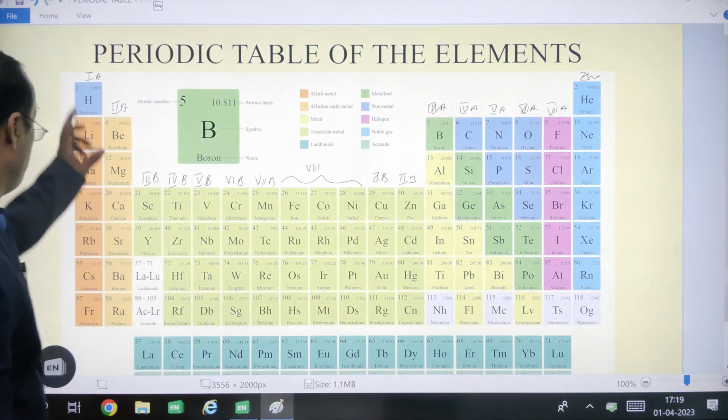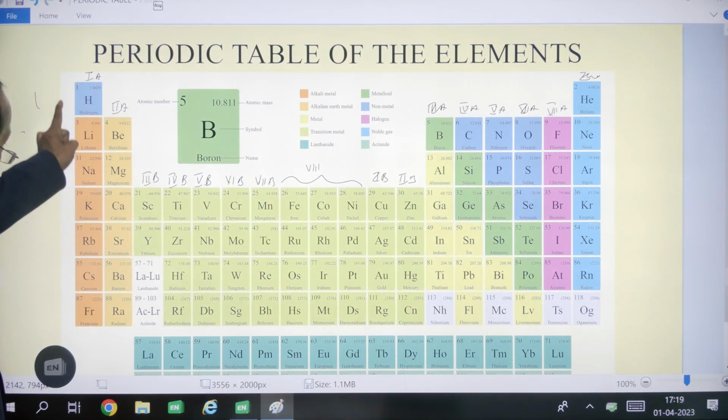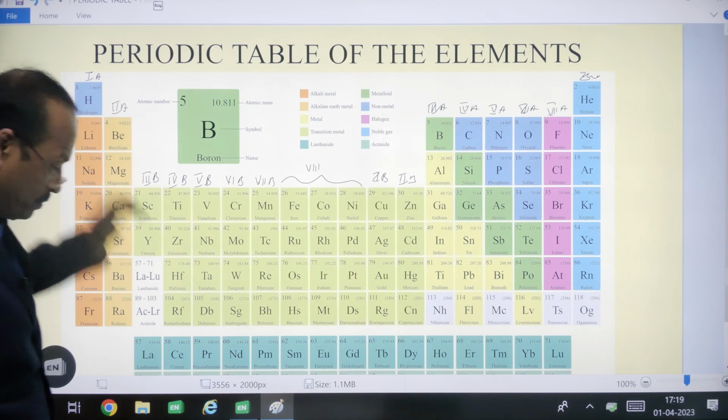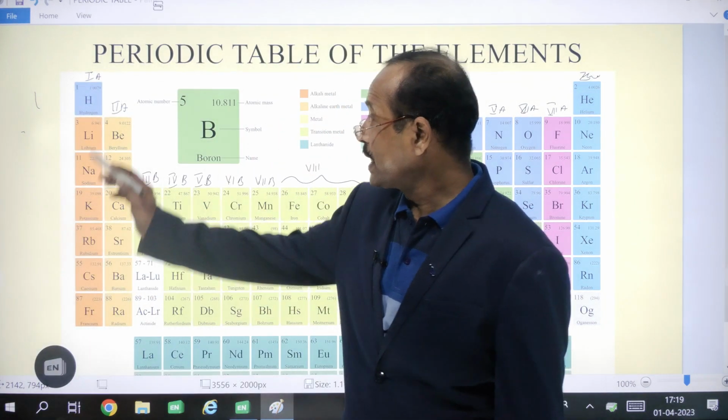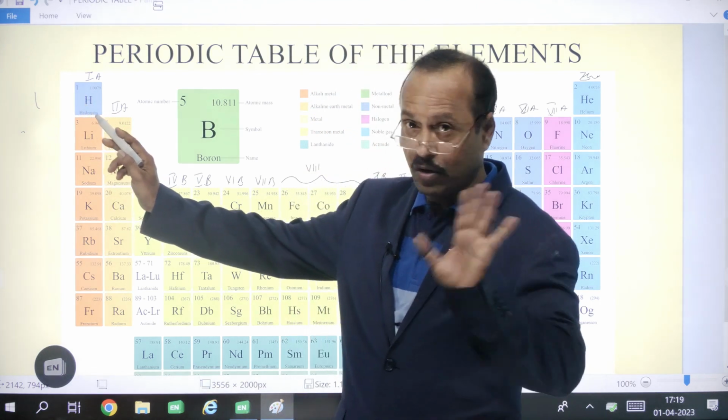So the meaning is this group cannot exhibit an oxidation number greater than +1. It can exhibit +1 or less than +1, but not more.